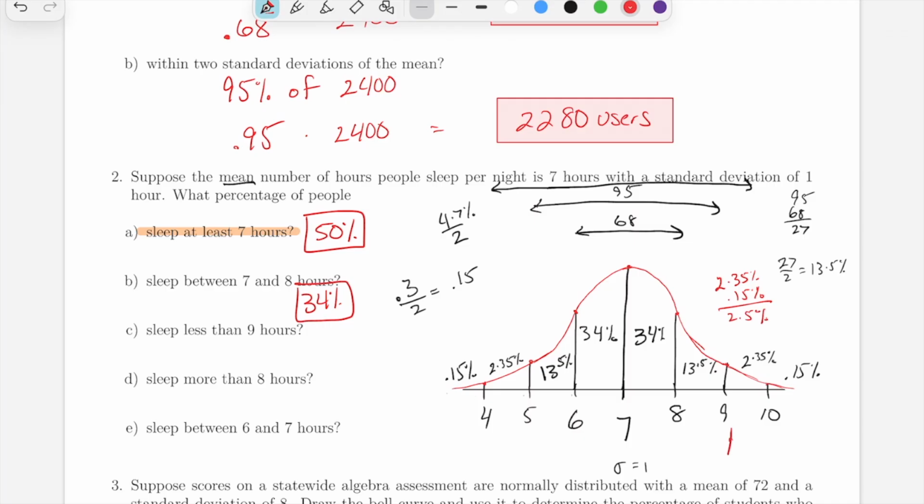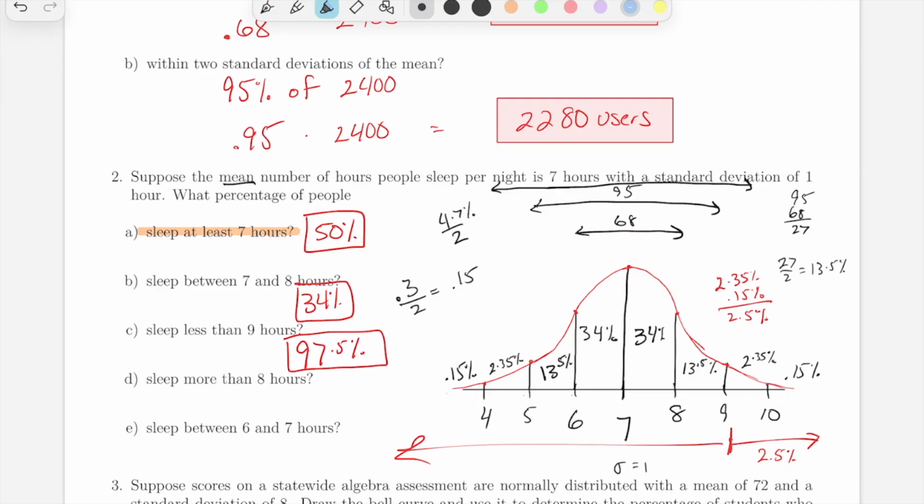So from here over is 2.5%. And so if we want everything else to the left of that, that's going to be 100% minus 2.5%, 97.5%. Once again, you can absolutely get that by adding together all of these other values.